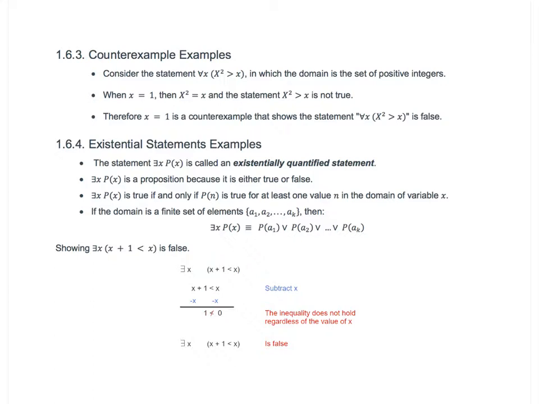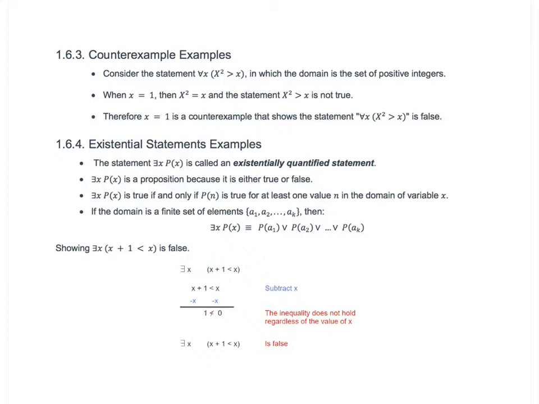Which means that there exists an x, P of x is true if and only if P of a1 is true, or P of a2 is true, or P of a3 is true, all the way to P of ak is true.